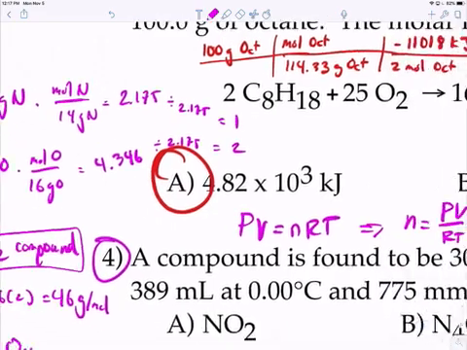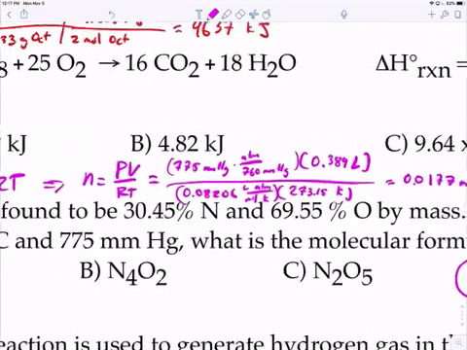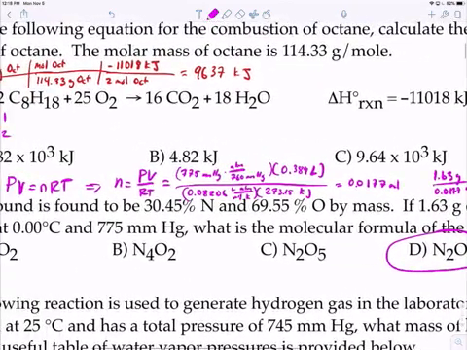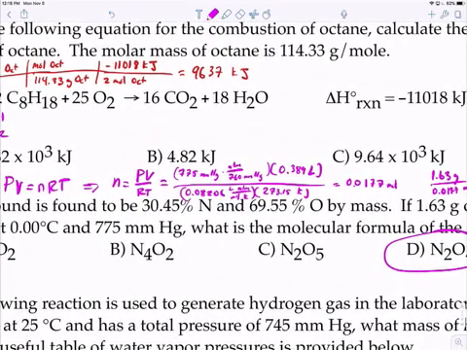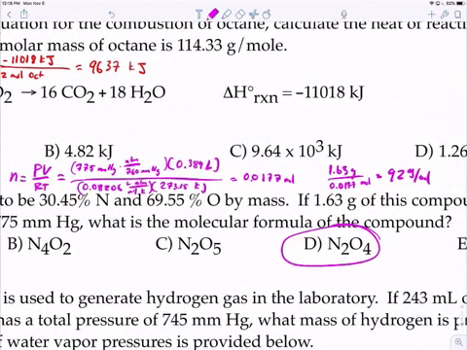And then now we've got to figure out what the molecular weight is. So we're given that we have 1.63 grams of this. Using the ideal gas law, we calculate that we have 0.0177 moles. So 1.63 divided by the number of moles gives us 92 grams per mole.